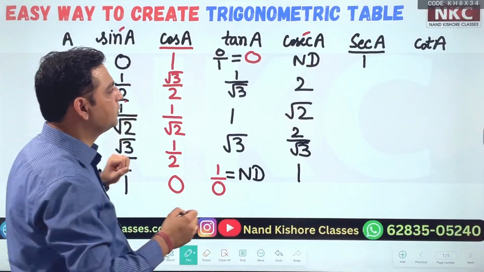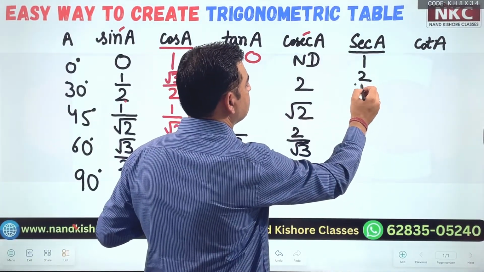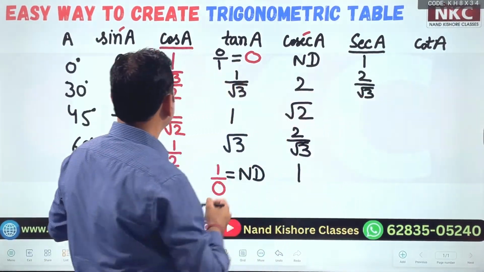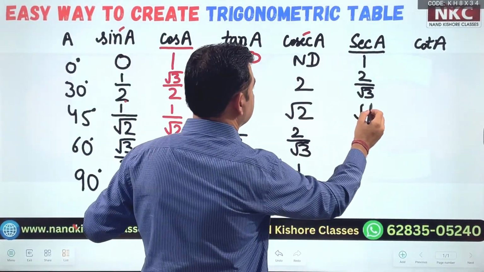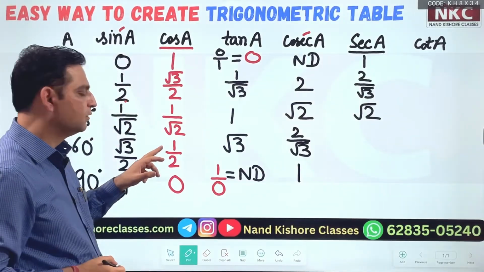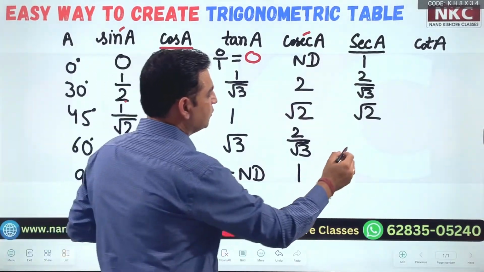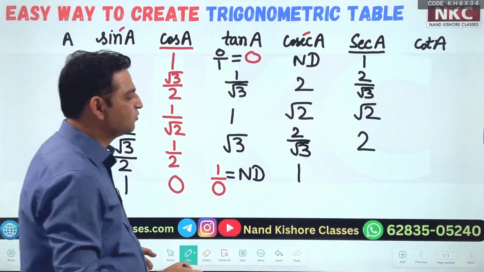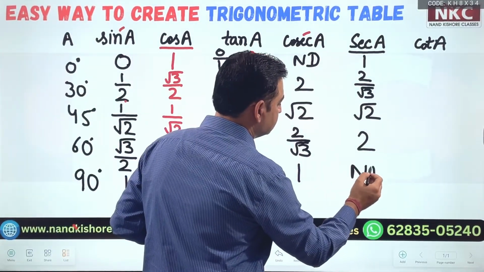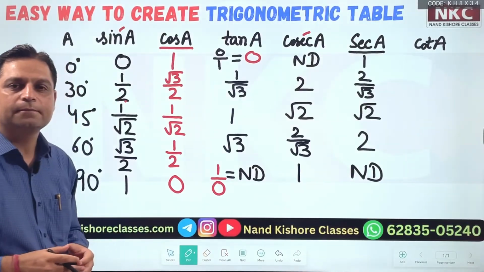The reciprocal of root 3 by 2 is 2 over root 3. 1 over root 2, the reciprocal is root 2. 1 over 2, the reciprocal will be only 2. And 0, the reverse of 0 is not defined again. So this is not defined.